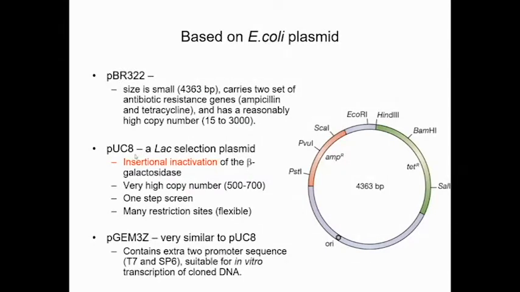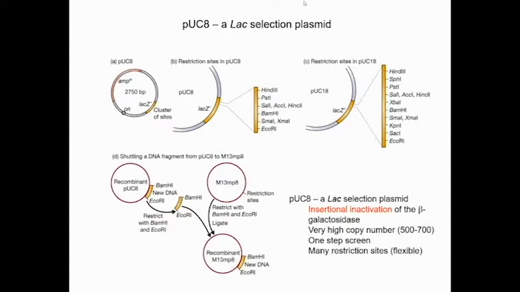The second vector is pUC8, which is a lacZ selection plasmid. It has insertional inactivation of beta-galactosidase, a high copy number, a one-step screen, and many restriction sites.